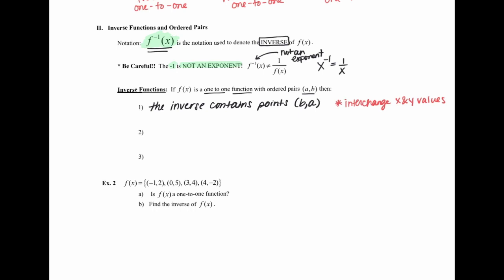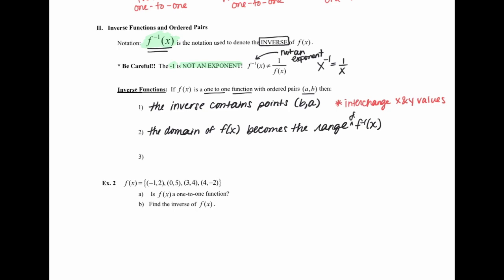And if we are interchanging the x and y values, then that means that the domain and ranges are going to switch as well. So we say the domain of the original function f of x becomes the range of the inverse. So the domain of f of x becomes the range of the inverse. And rather than writing the word inverse, I'm going to go ahead and write the notation.